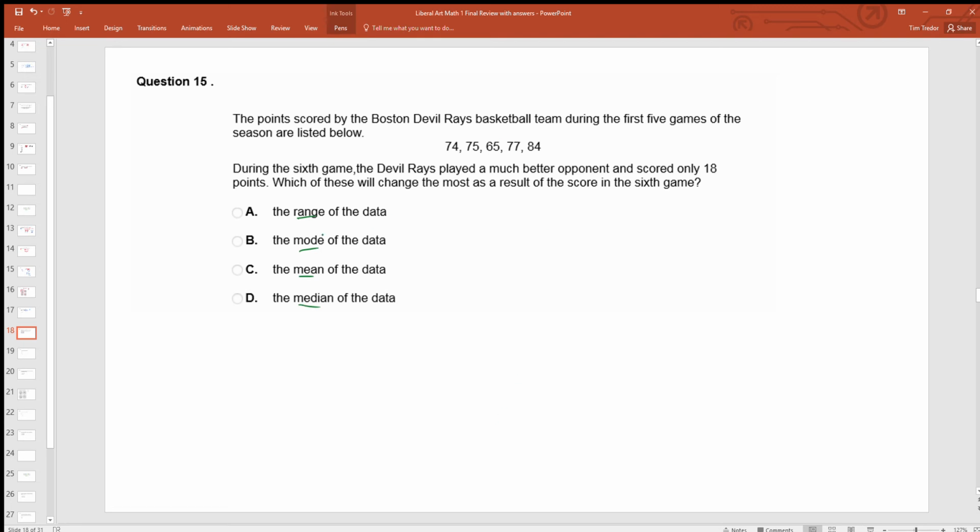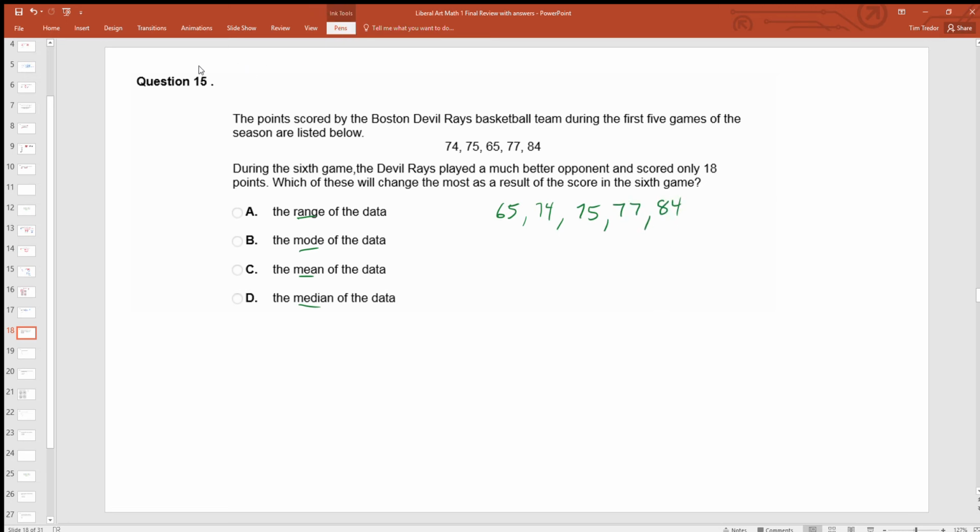All right, well, if we're going to talk about median, these have to be in order. So if I go from the lowest to the greatest, that would be 65, and then 74, then 75, then 77, and then 84.